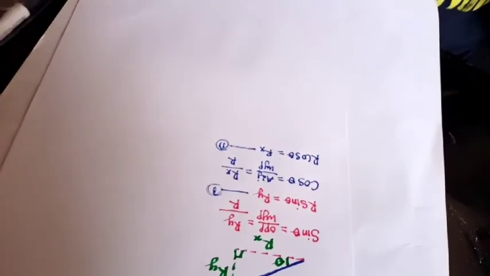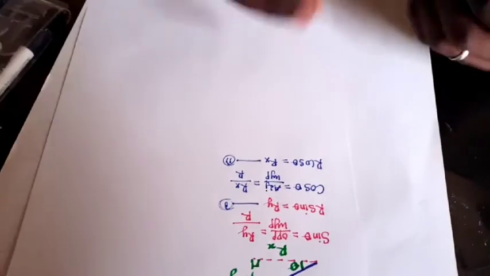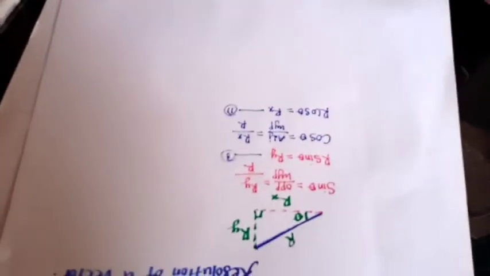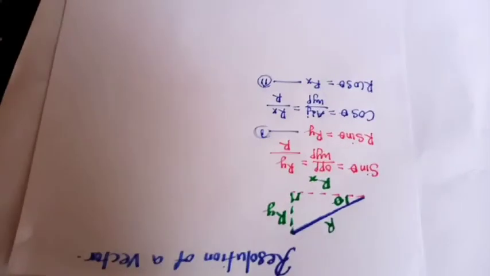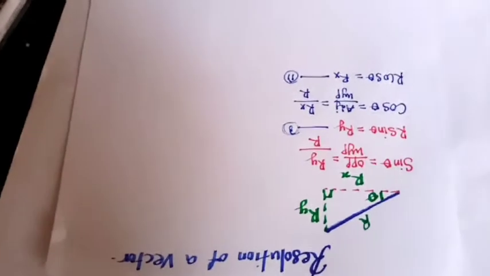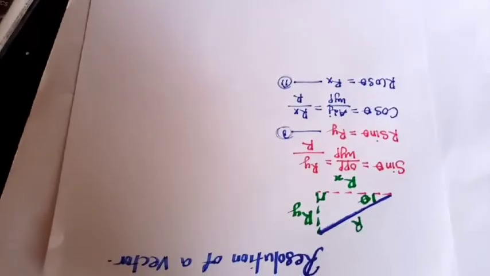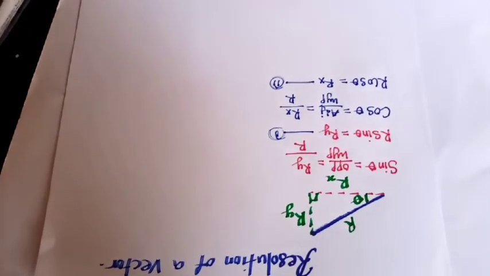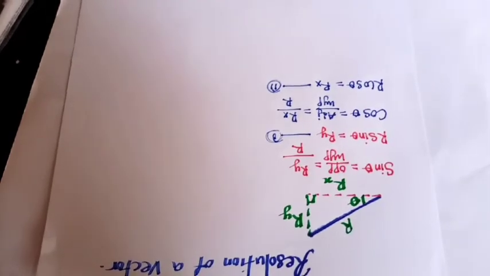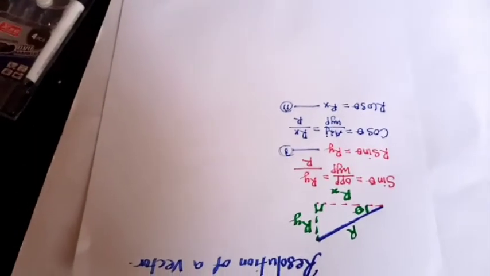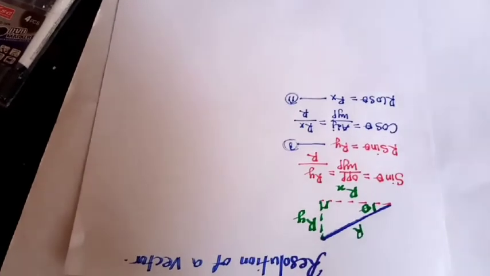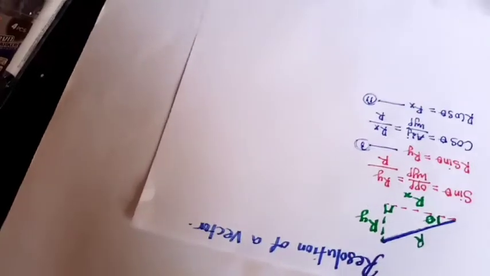Now, what are we then saying when we said resolution of a vector? Resolution of a vector simply means that you should break the vector into components, such as the vertical component and the horizontal component. Now, I would like to tell you in this video that you don't cram how to break what?